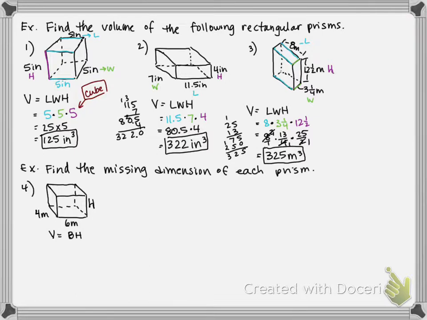So let's go ahead and do our color coding. So the 6 is the length of the rectangle. 4 is the width of the rectangle. And obviously H is going to be the height. Okay. So let's plug in what we got.